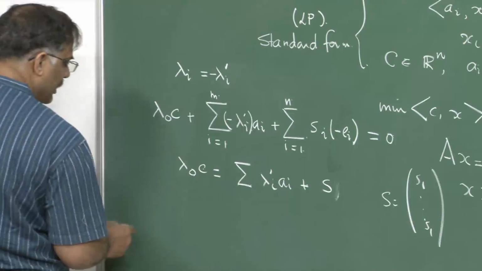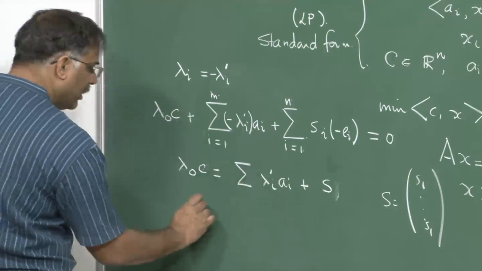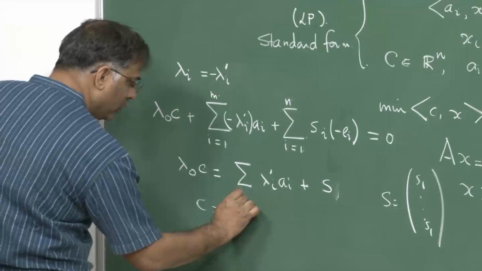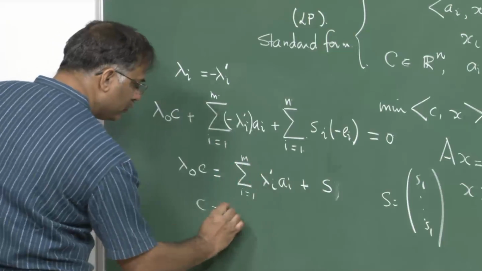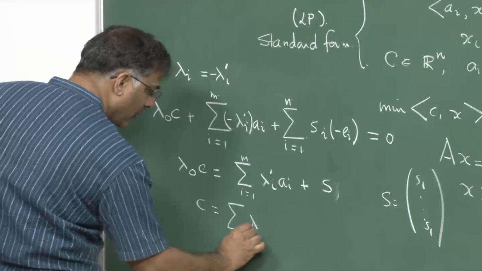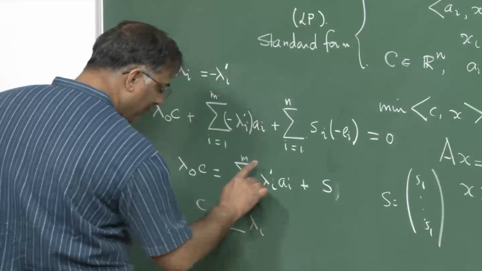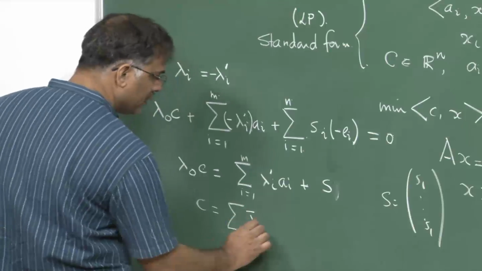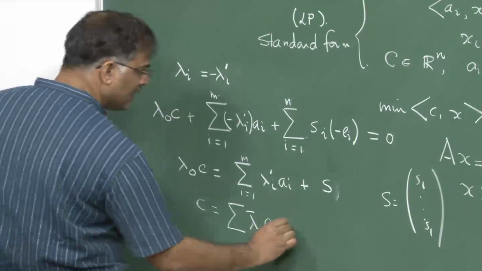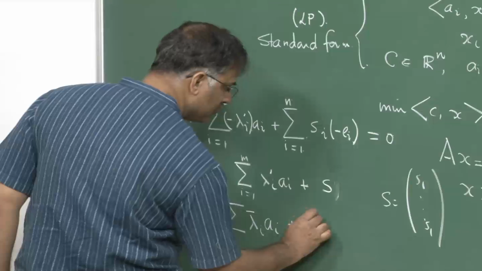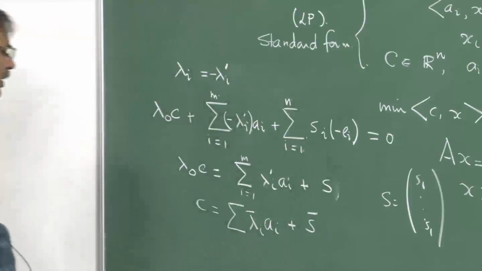Now I will divide both sides by lambda naught, because lambda naught is strictly greater than 0, to give me C is equal to the summation of lambda I dash divided by lambda naught times AI, plus S bar, which is S divided by lambda naught.